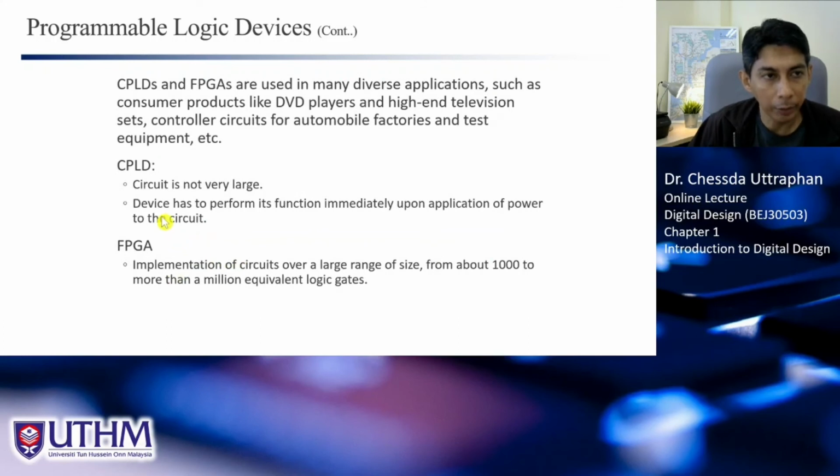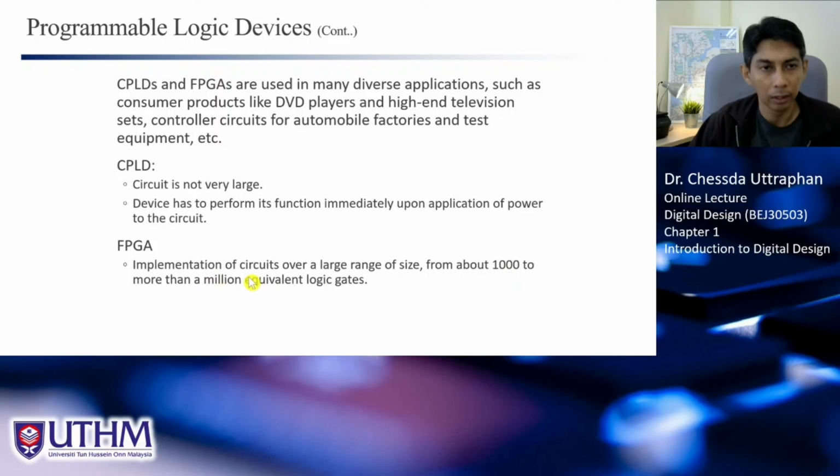So what is the difference between CPLD and FPGA? Of course, CPLD is not very large. It cannot design a very big circuit, but FPGA nowadays you can have from about 1,000 to more than million equivalent logic gate, and even billion.